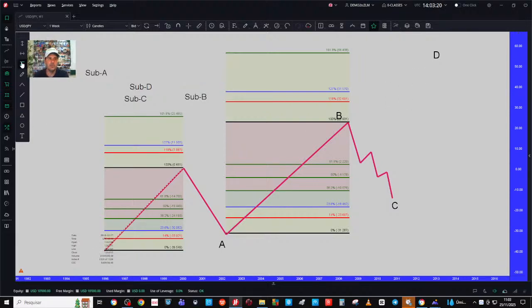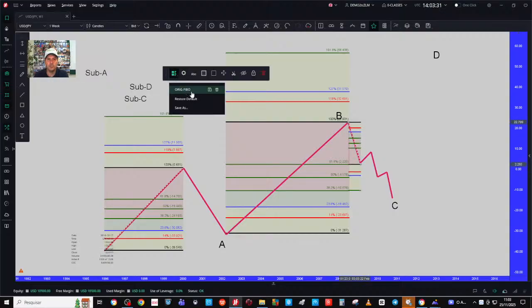Now the contrarian Fibonacci is going to use the same rules, same principles. And it's a Fibonacci that goes in the other direction compared to the original Fibonacci. Give me a second, everybody.